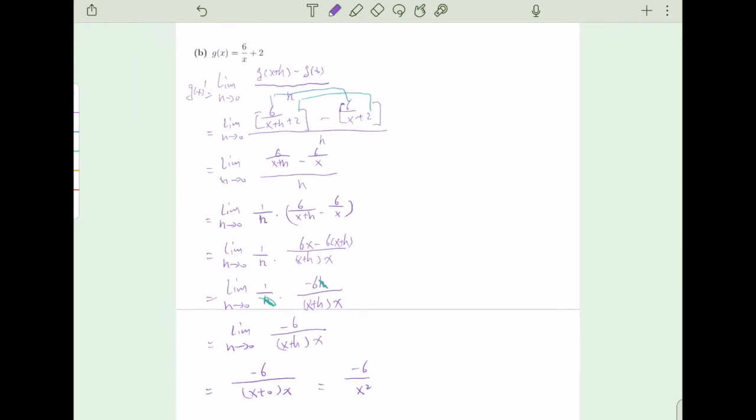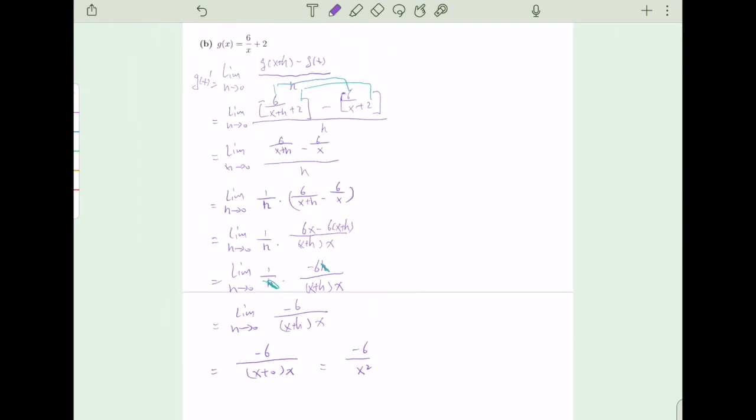Okay? So we use the rule to find the derivative directly to verify our answer. That is the derivative of 6x to the negative 1 plus 2. Because for the reciprocal function, we can change that to x to the negative 1. And then followed by the power rule, this is 6, right?